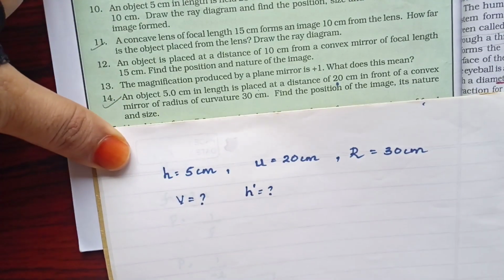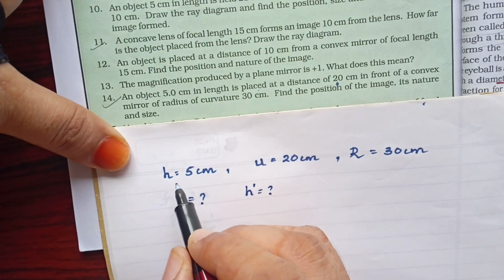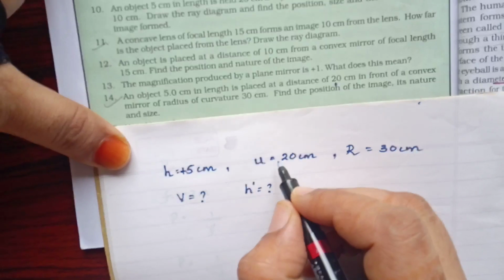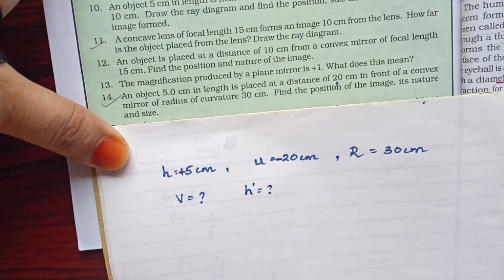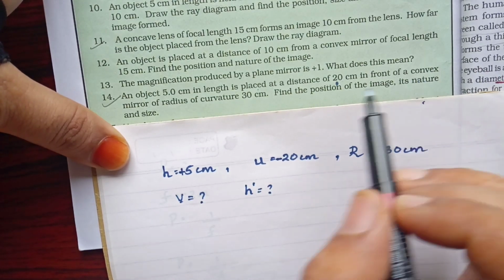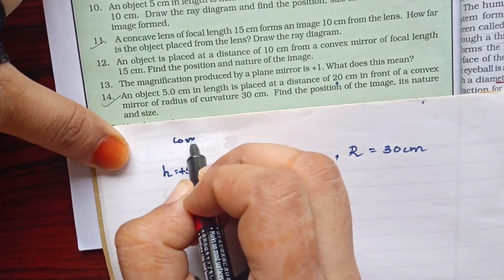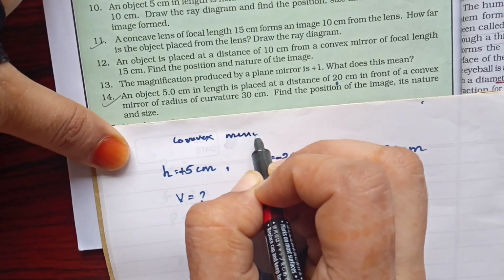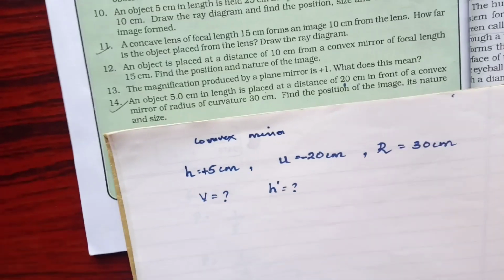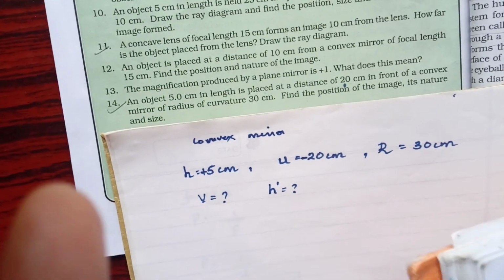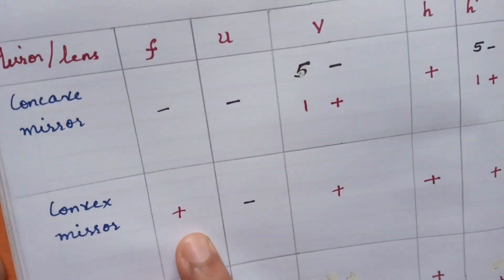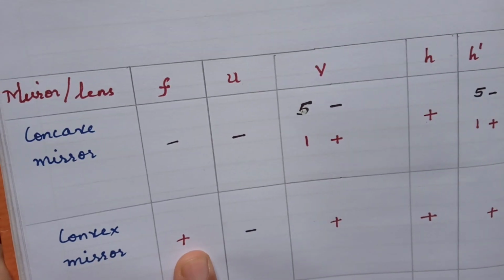Now, what about the sign conventions? Height of the object is always positive, there is no doubt about that. Similarly, the object distance is always negative. We are talking about a convex mirror, and as I have shown you in the tabular column, the focal length of a convex mirror is positive.